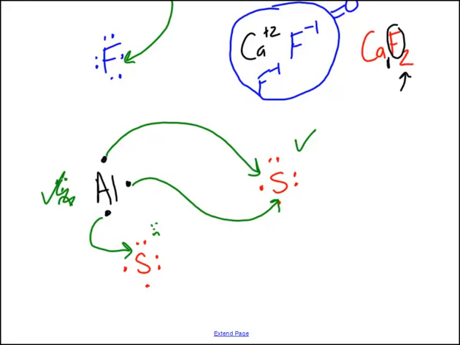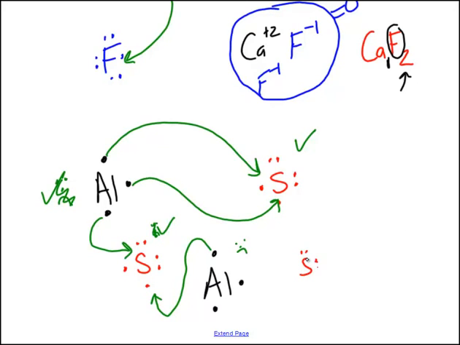The overall charge has to be 0. So the solution is to bring in another aluminum. I know this seems like it will never end. Aluminum will donate another 1 to sulfur, and okay, so now sulfur is happy in this arrangement. Aluminum, not so much, so let's fix that.